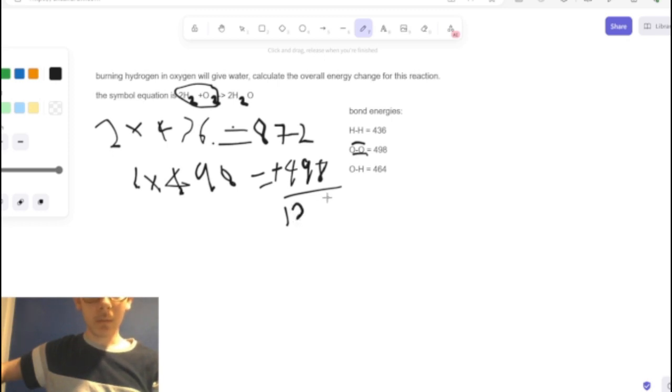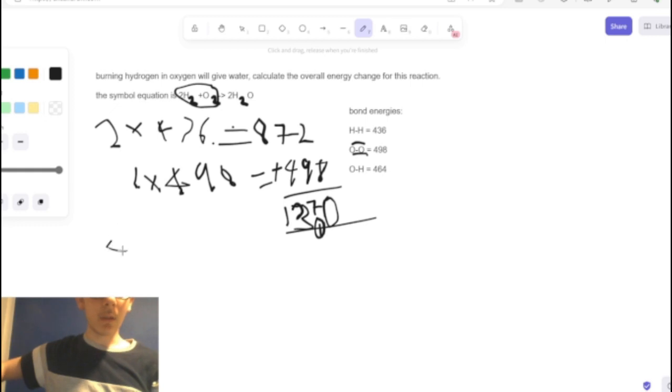Hold on, let's do this together. 872 plus 498 is 1,370. And then we need 2 H2O, so there's 2 times 2 of these.